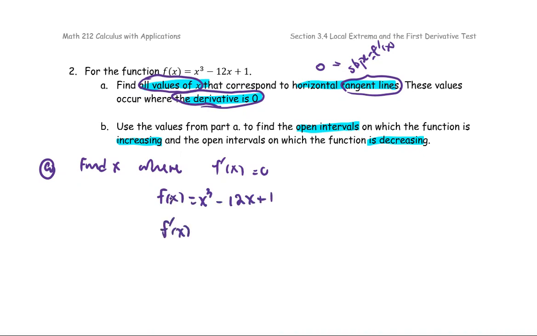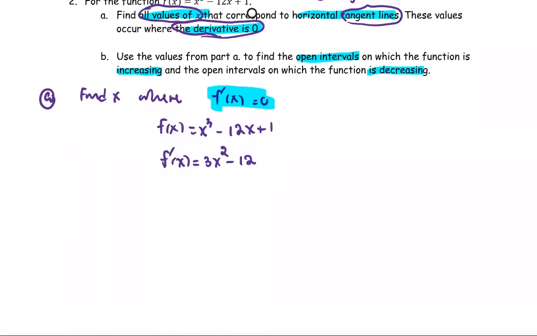The derivative of the function f is 3x squared minus 12, and we set it equal to 0 to solve for x. The f prime of x is 3x squared minus 12 equals 0.